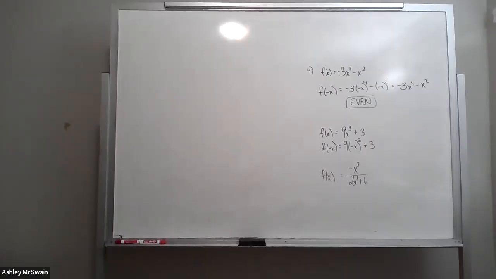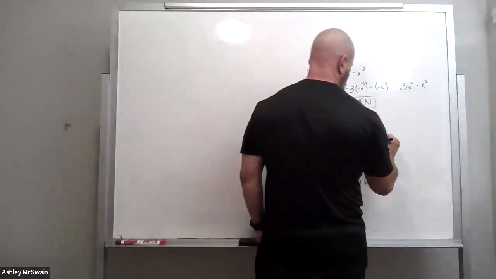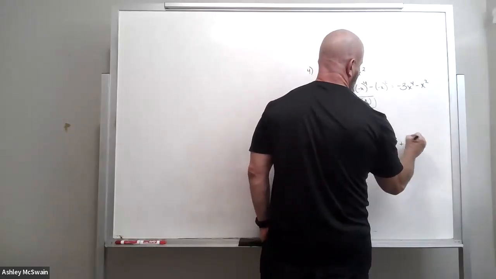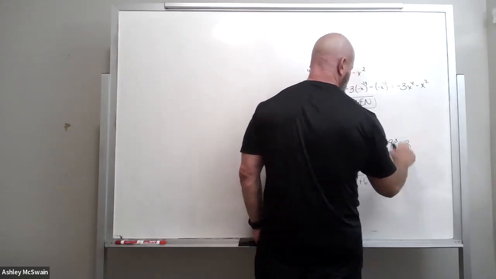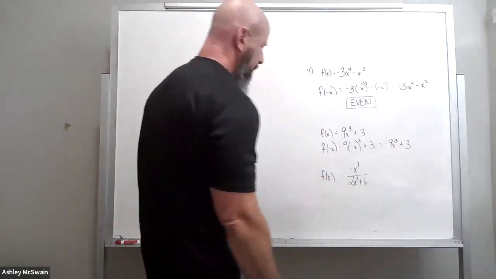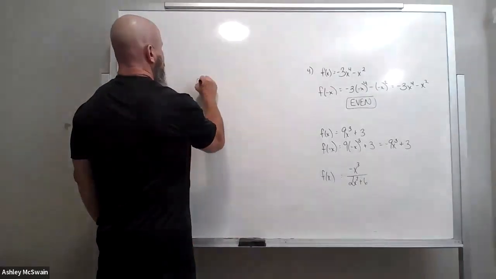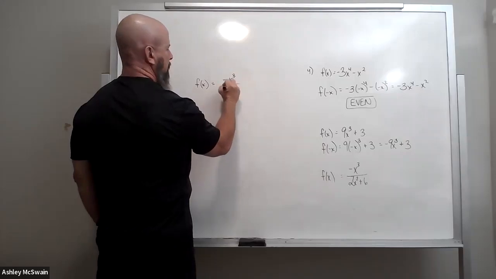So that would give me negative 9x cubed. I have negative x cubed, so negative 9x cubed. And then I still have the plus 3. All right, so there's what I end up with. Let's examine what we ended up with there. I'm just rewriting that third one up here a little higher.